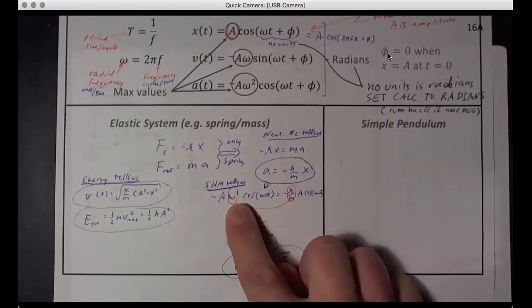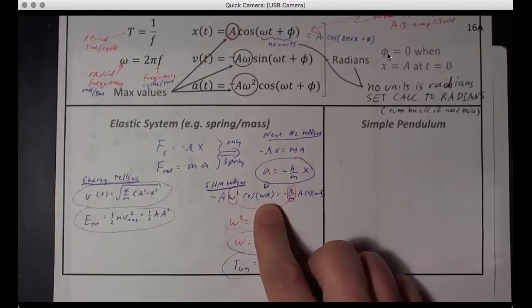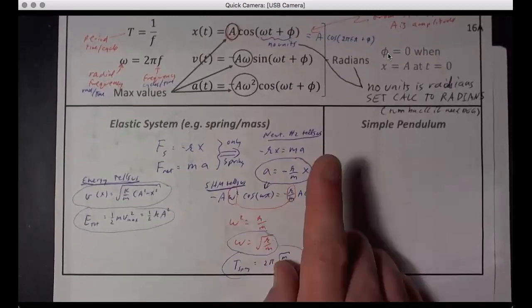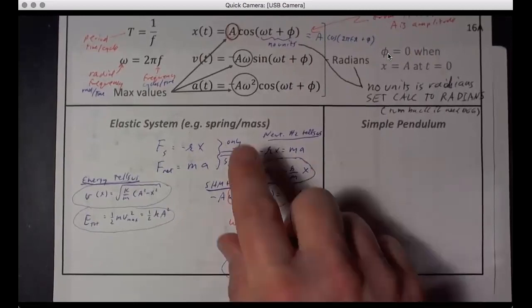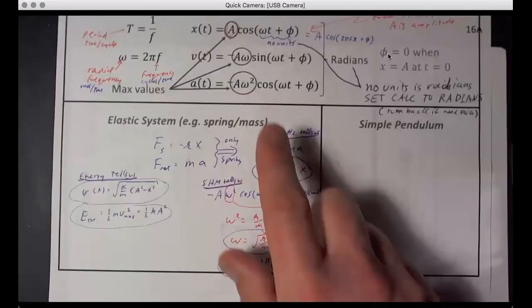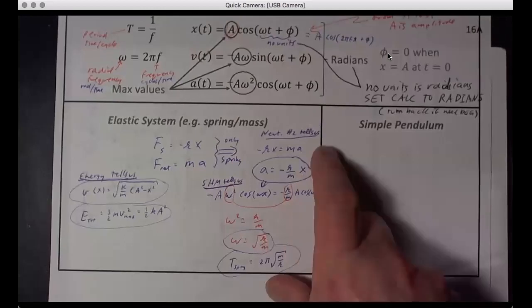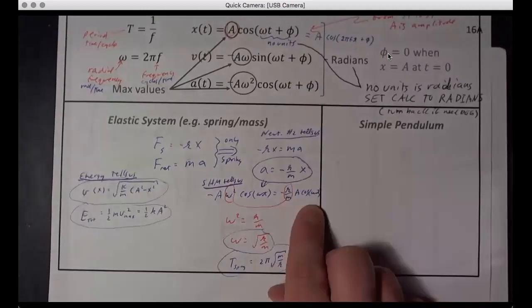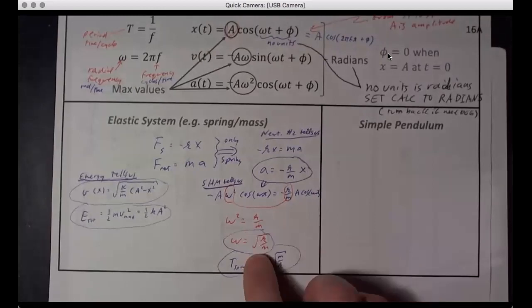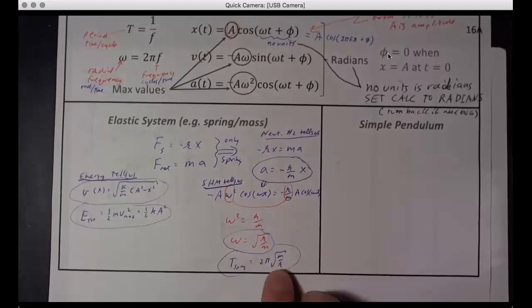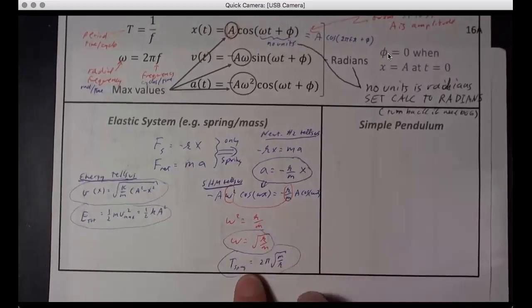Plug into our standard a equation, either a right from up here, or the a in terms of x from up there, you get this. Pull out omega squared is k over m. Invert that with the 2 pi, frequency to period, get this period, right?